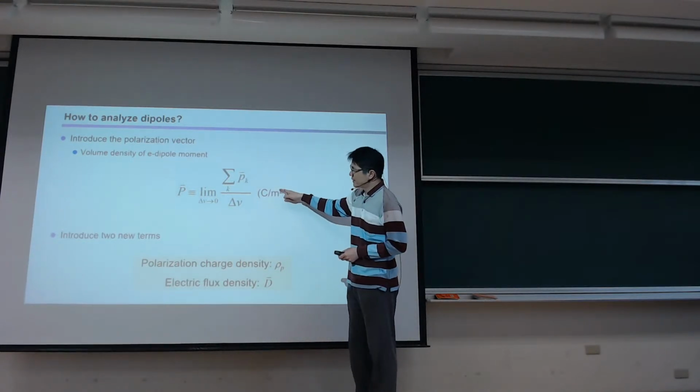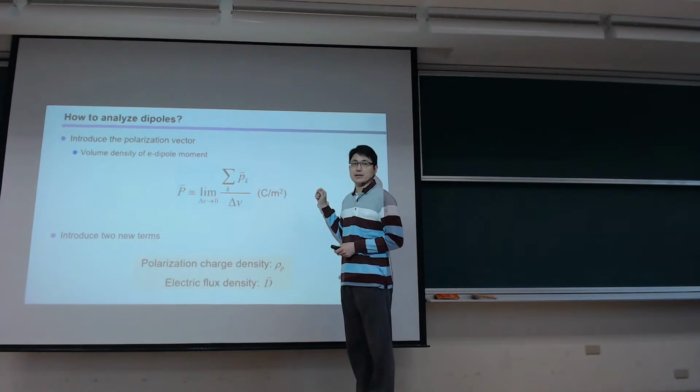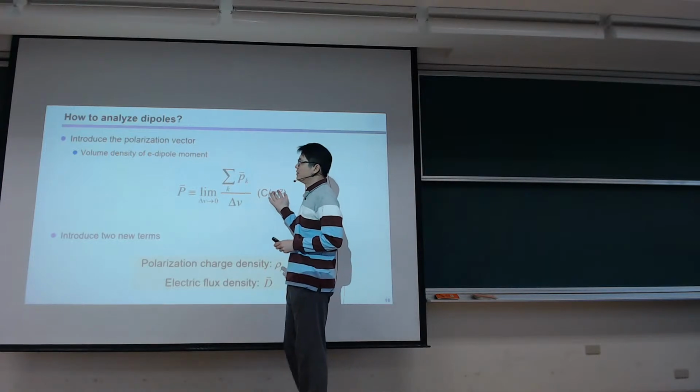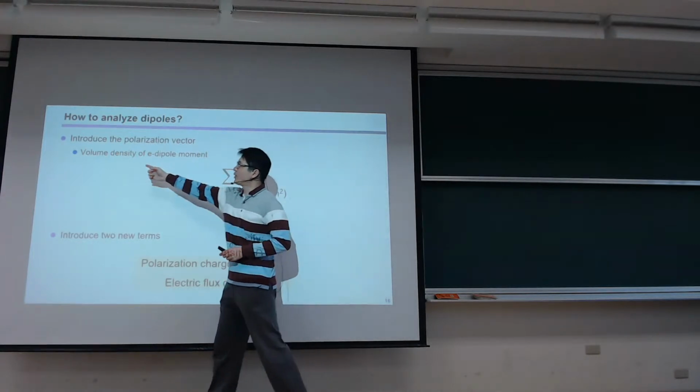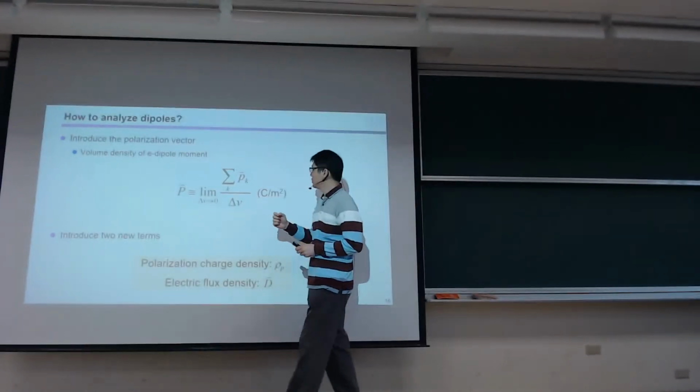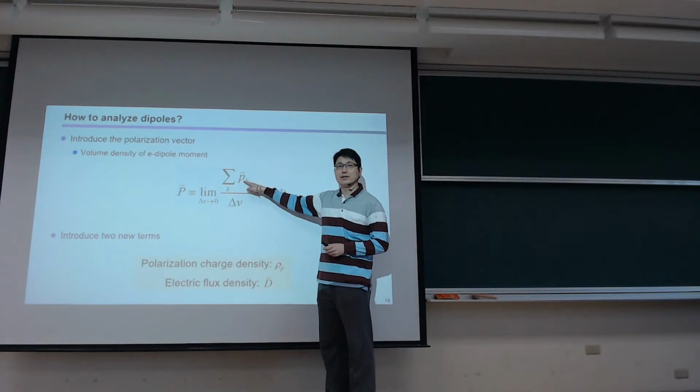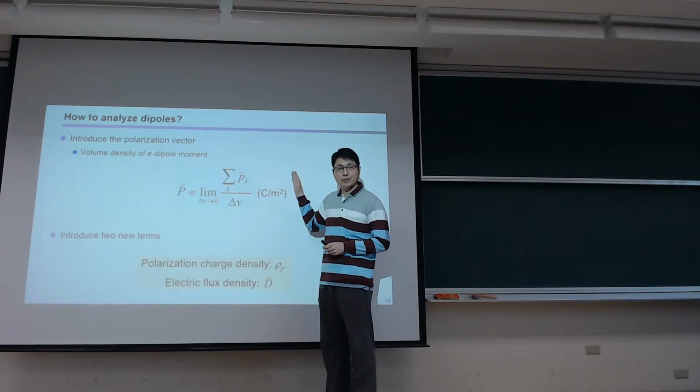So take note of its unit. The polarization vector has a unit of coulomb divided by meters squared. You might be wondering, isn't it defined as the volume density? Why not divided by meter cubed? Because p is Q times d, right?